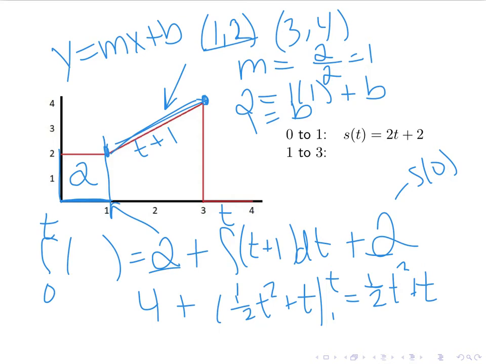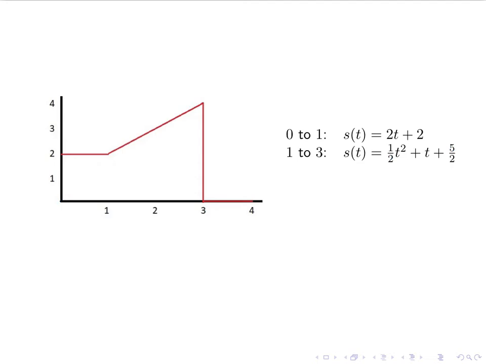I plug in a 1, and I get 1.5, or 3/2, so I'm going to be subtracting that, 3 over 2, plus my 4. Combining those together, I have 1/2 t squared plus t plus 4 minus 3/2. And that gives me 1/2 t squared plus t plus 5/2.